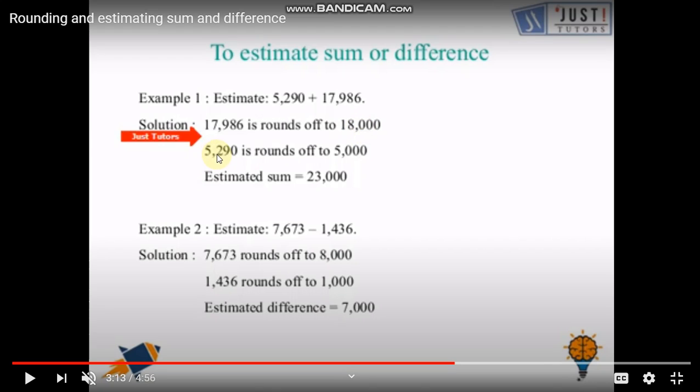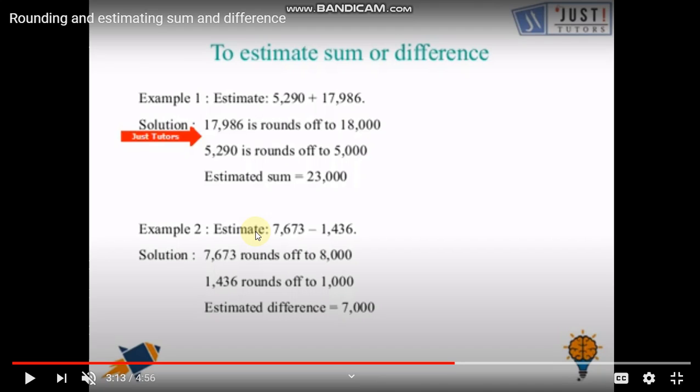Here 5290 is rounded to 5000. Again we look at the last three digits, 290, which is less than 500, so we round to 5000. The estimated sum is 18,000 plus 5,000, which is 23,000. See, this is how to estimate the sum.